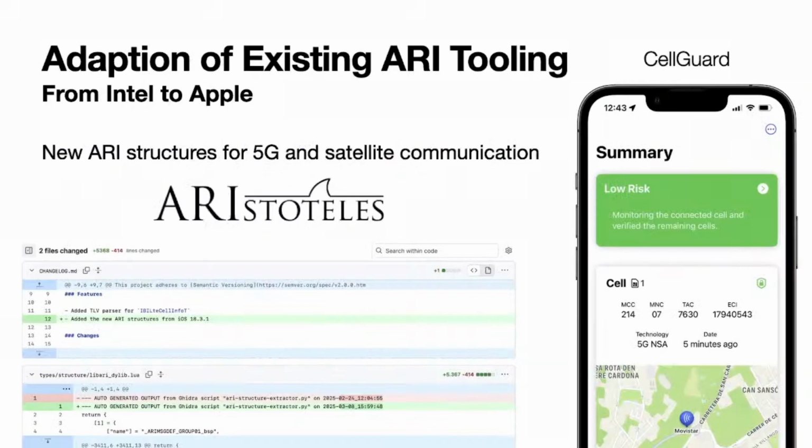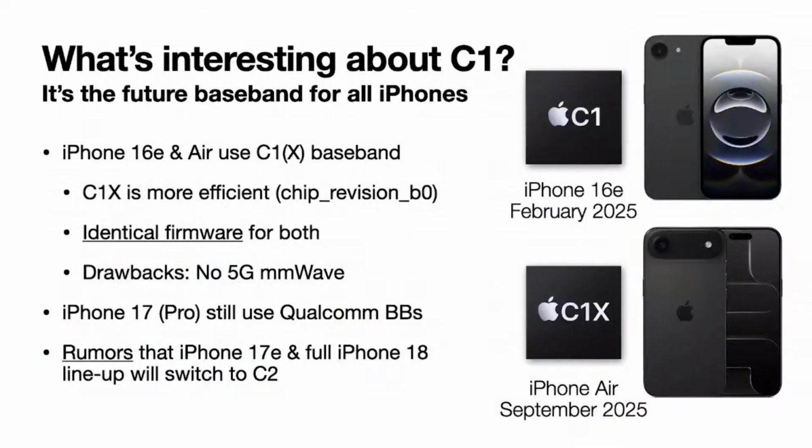We could just use our old tooling to analyze the new Apple basebands, or at least their communication structures. We found there are new structures for 5G and satellite communication as expected, because those features weren't present on Intel basebands. We could also simply update our application to make use of those new structures, so you can analyze your cellular data on the go for the C1 basebands.